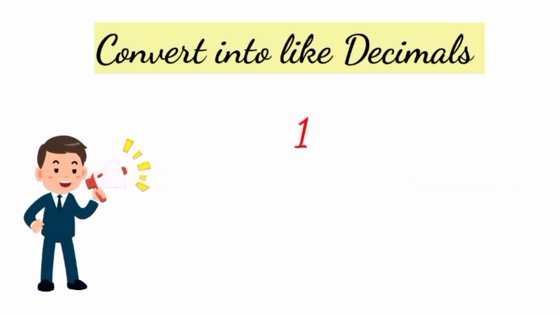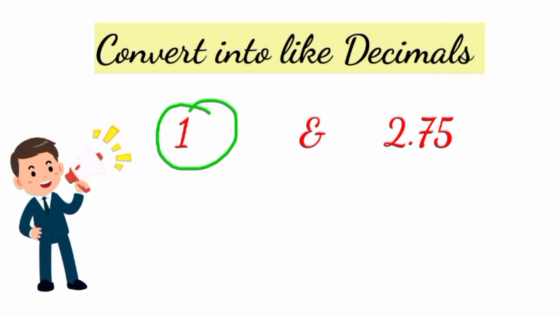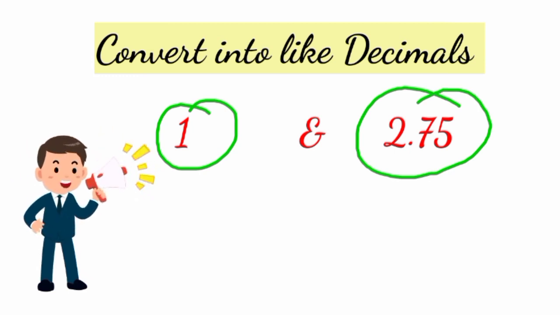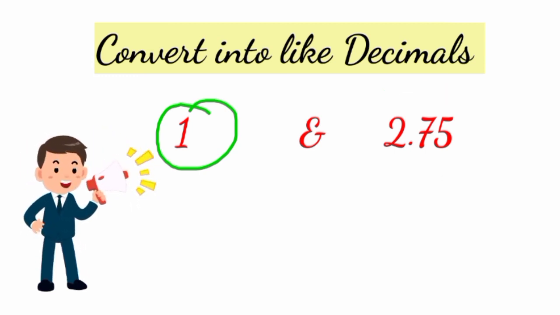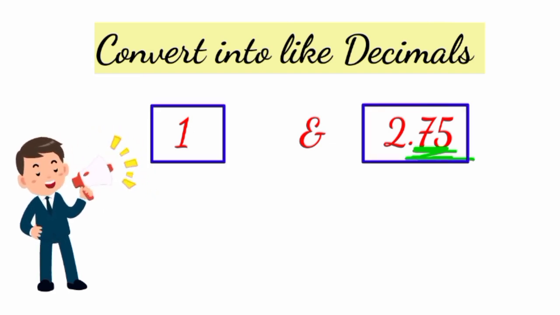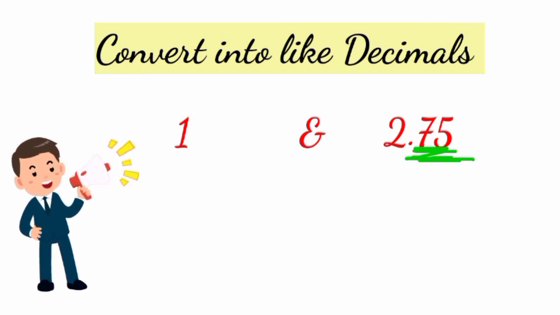Clear? Let's take one more number. Suppose we have 1 and 2.75. This is the whole number, that means it doesn't have any decimal value. Clear? And this is the decimal number, and after decimal how many digits do we have? 2 digits. So these are unlike decimals, but we want to make them like decimals. What will we do here?